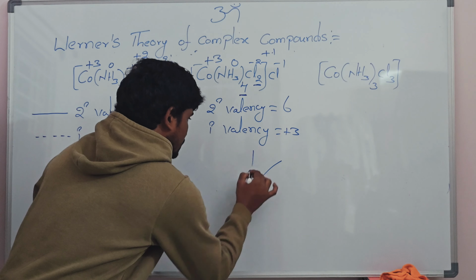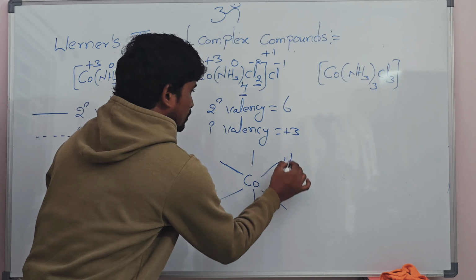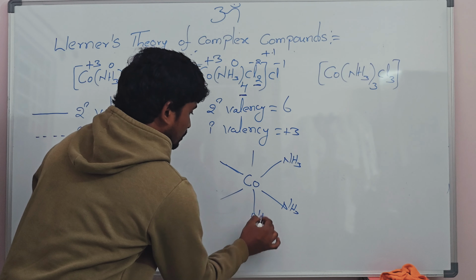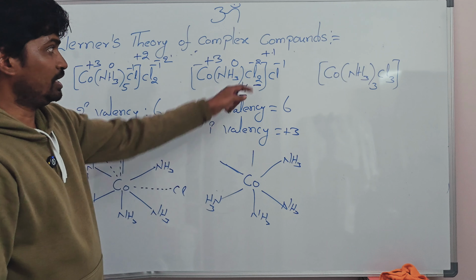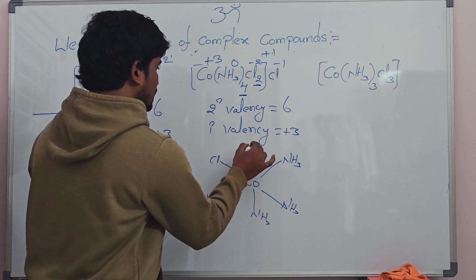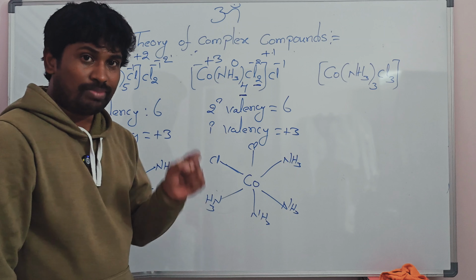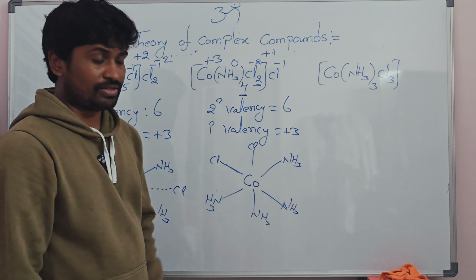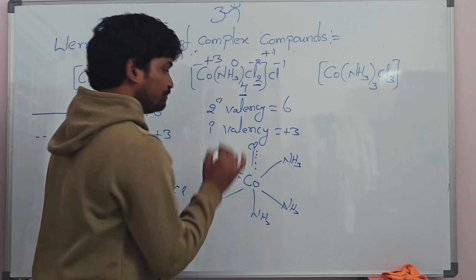Around the cobalt, 6 ligands are present, represented with a thick line like this: NH3, NH3, NH3, NH3. Four amines are there. The remaining two are Cl, Cl. These two Cls not only balance the secondary valencies but also the primary valencies, so they are represented with a dotted line also.